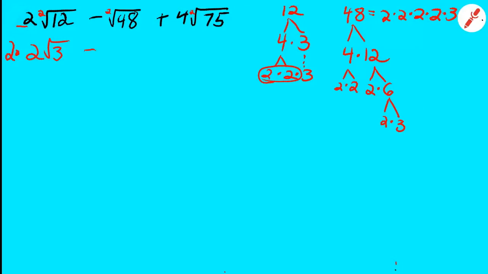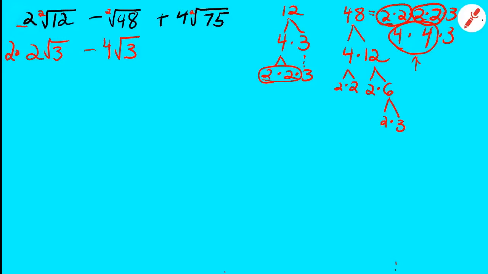But look at this. 2 times 2 is 4, 2 times 2 is 4, times 3. Now I have 2 of the same number. So the square root of 48 can be written with one of these 4's on the outside and then the square root of 3 on the inside.